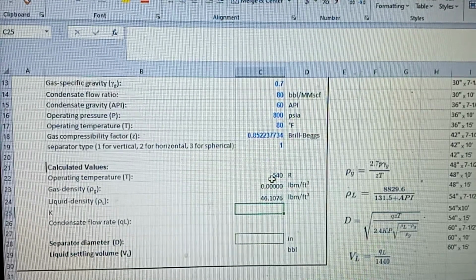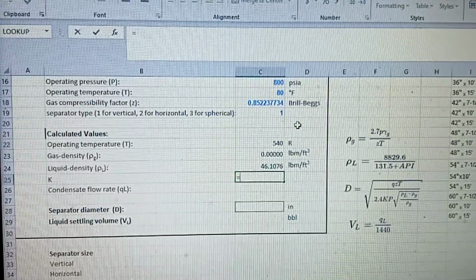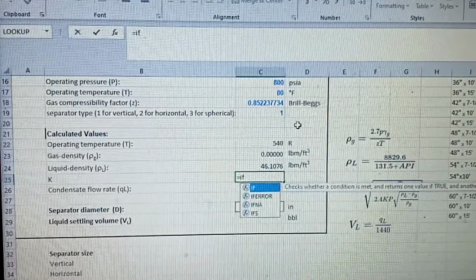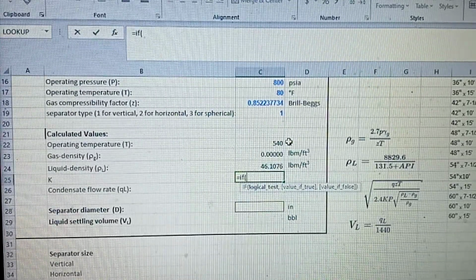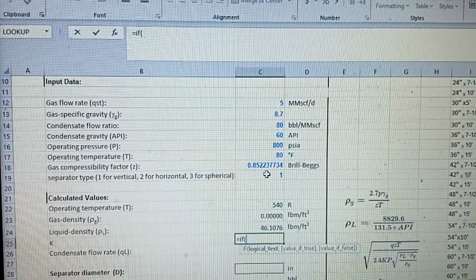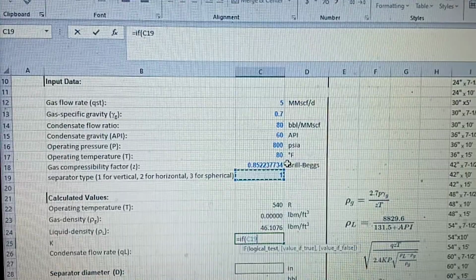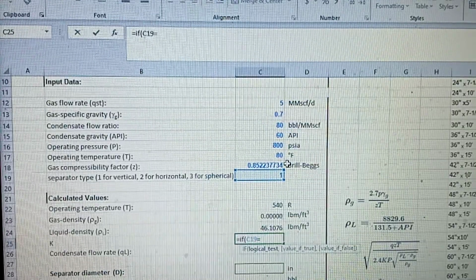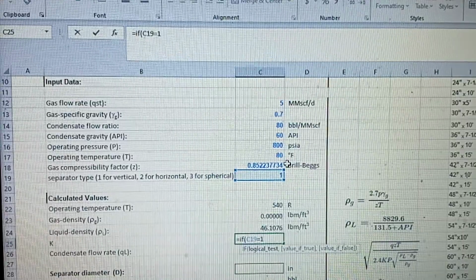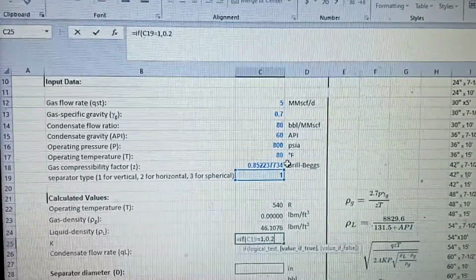So we're going to put an if statement there. Equals if, I open the bracket. Where do I read the type of separator? I'm going to go here. That's C19. So if C19 equals 1, I put a comma. It's going to use 0.205.